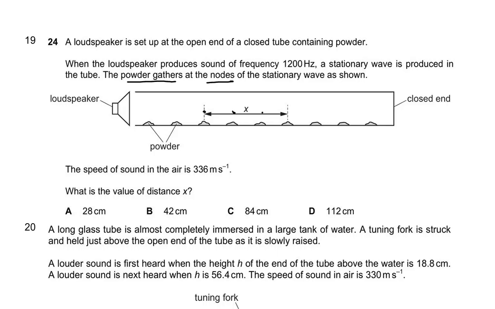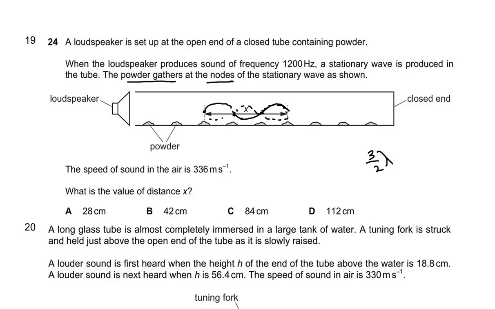So this is a node, and then we draw the wave line here. So we have 1.5 wavelength or 3/2 wavelength.